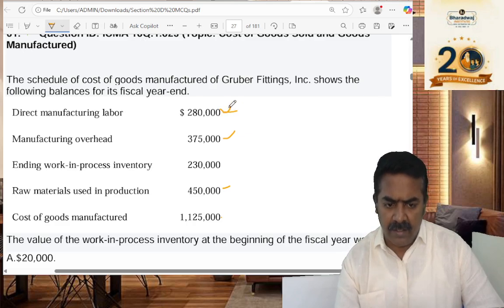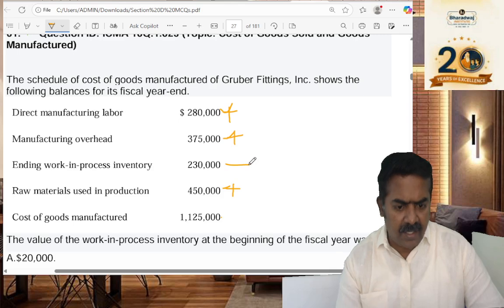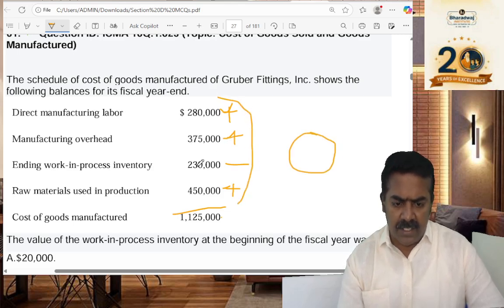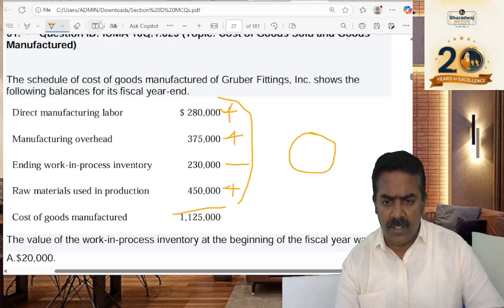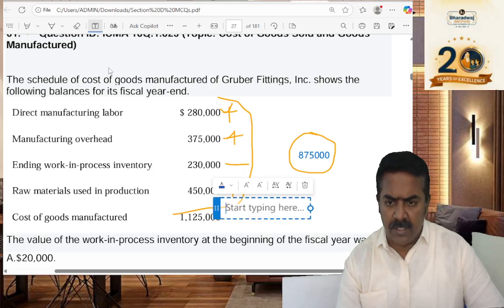Manufacturing labor 2,80,000 plus 3,75,000. Ending inventory will reduce. Raw material used in production we will add. Up to this, what is the answer you are getting? 8,75,000 is the thing.